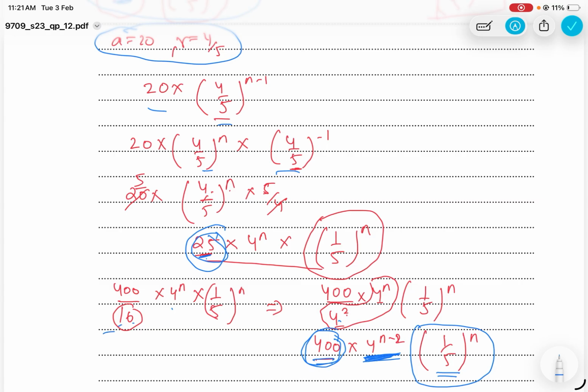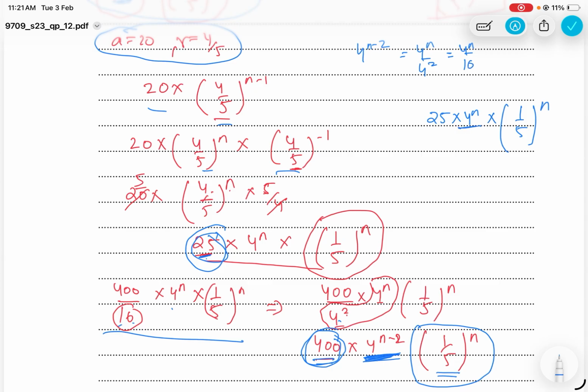Okay. Now if you got confused in this step, what you can do is, see, 25 times 4n times 1 upon 5 to the power n. We need 400, but we also need 4n minus 2. So we have to divide by 16, because 4n minus 2 is the same as 4n upon 4 squared, that is 4n upon 16.